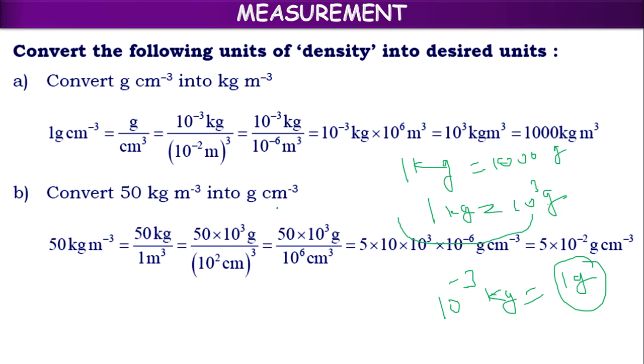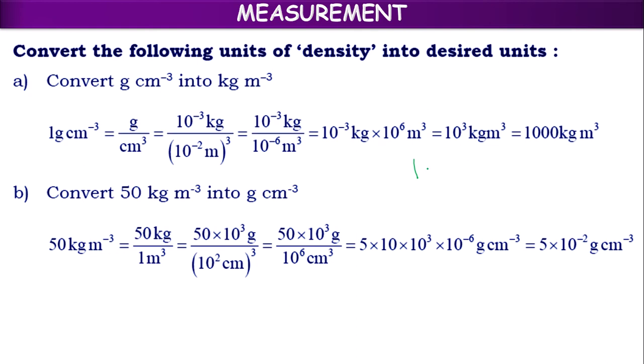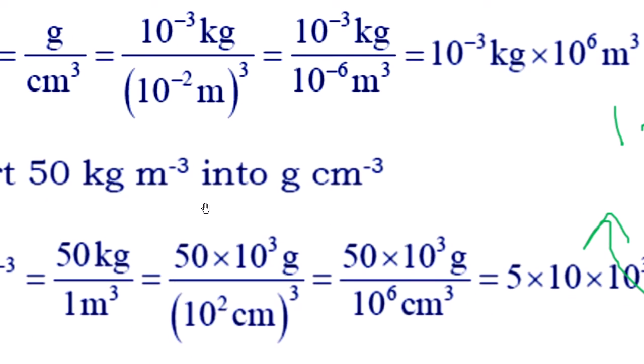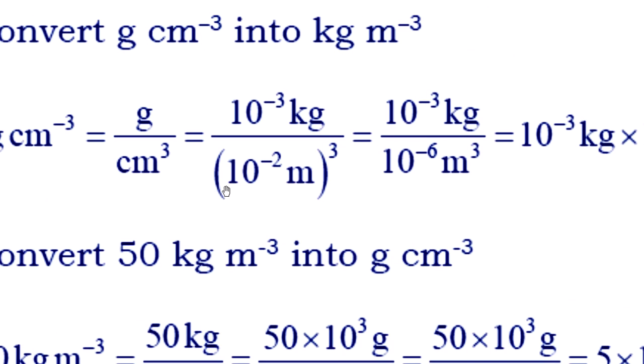And we also know that 1 meter equal to 100 centimeter, or 10 square centimeter. So then 1 centimeter, how much? 10 square will come this side. 10 power -2 meter equal to 1 centimeter. So in the place of centimeter, we can keep 10 power -2 meter. We have cube here, we can keep it as whole cube.